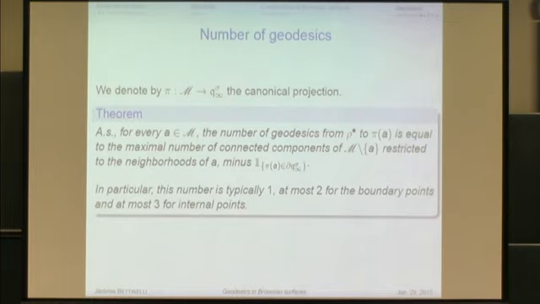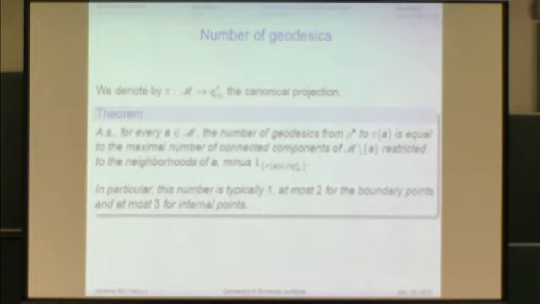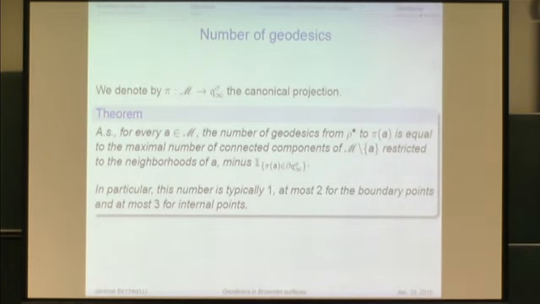So in particular, if you know that the CRT is a binary tree, this number is at most 3. If you take a typical point in the Brownian surface, there will be only one geodesic between this point and the distinguished point.